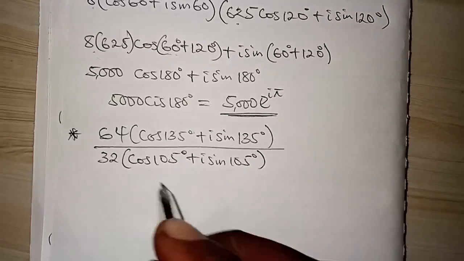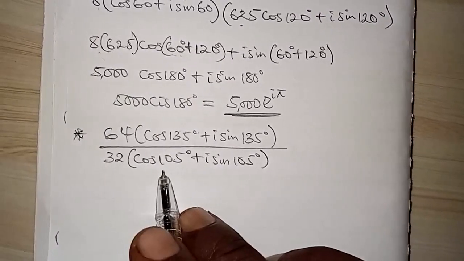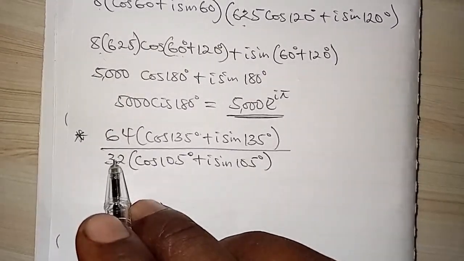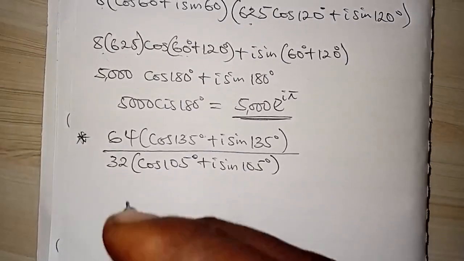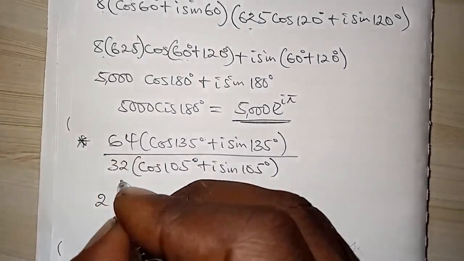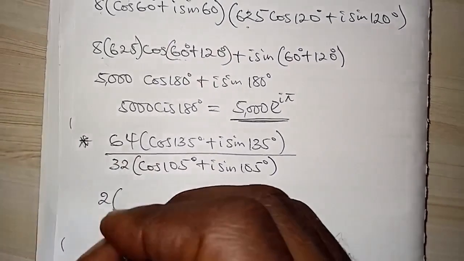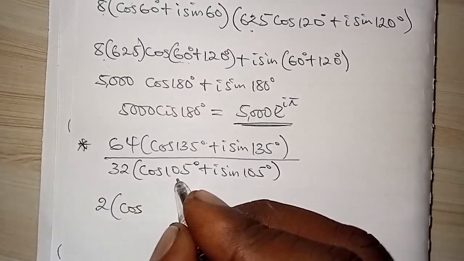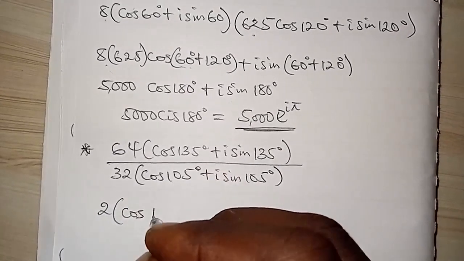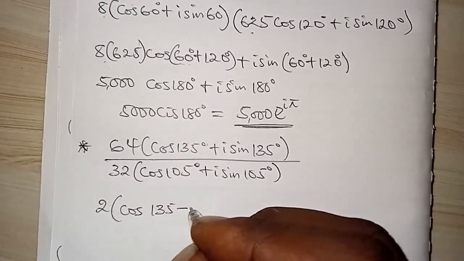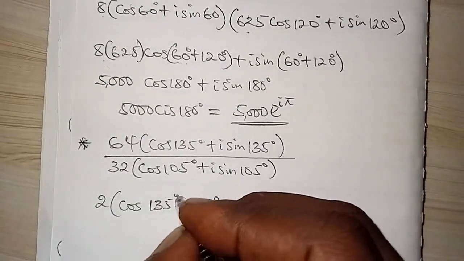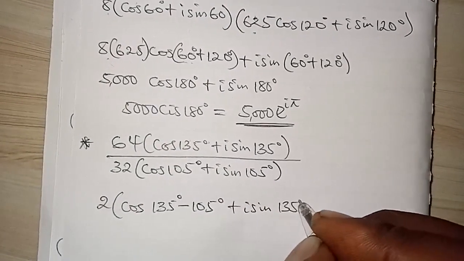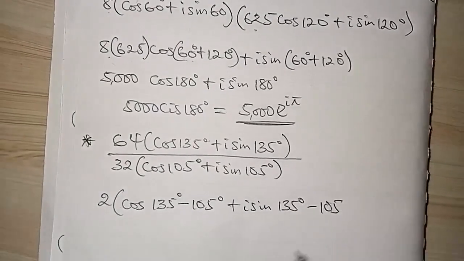Now, in a situation where we have a question like this, all we need to do is divide this and this. If we divide this and this, we're going to have 2. 64 divided by 32 gives you 2. Then collect like terms for cos. This is a denominator, so once it comes up, it becomes minus. So we'll have 135 minus 105, plus i sine 135 minus 105.